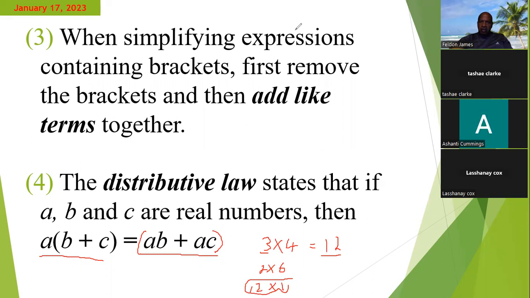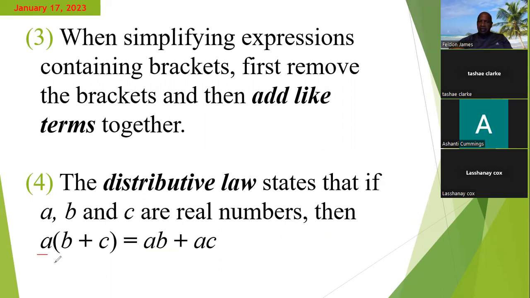Now, what that means for brackets is that A is a factor, the bracket is a factor. When you multiply the A times what is in the bracket, you get a single result, which is an expression. Now, when we multiply distributively, we are removing brackets. But you'll find out that in the next topic, we will be looking at the expression and then factorizing to put back the brackets.